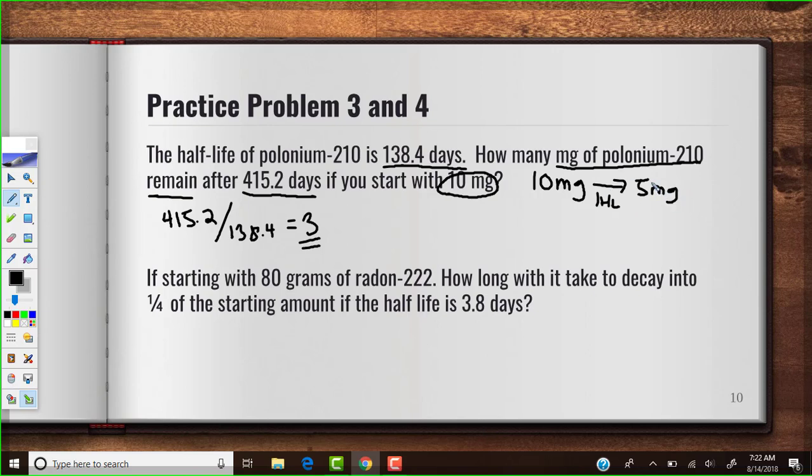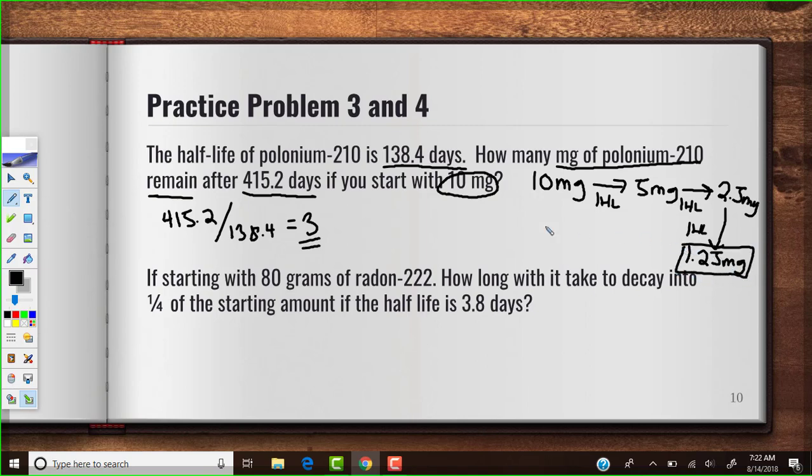Because it's half the amount of what we started. If we undergo 2 half-lives, we have 2.5 milligrams of polonium-210. And if we undergo 1 more half-life, we have 1.25 milligrams left.